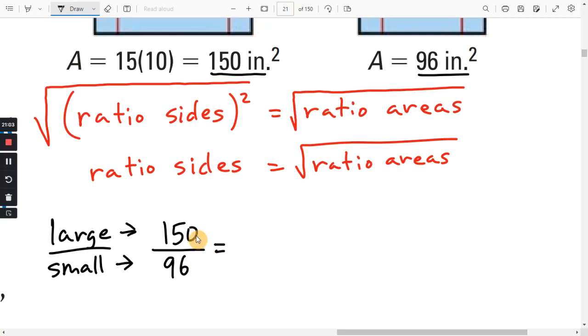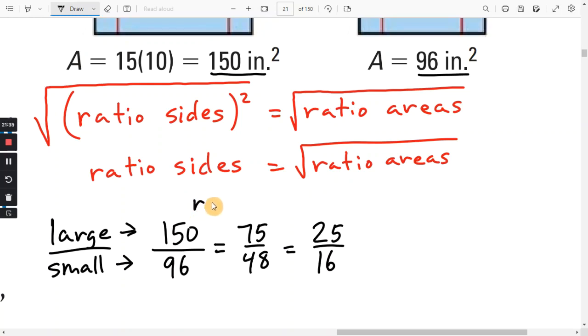These are both even, so I'm going to reduce. Divided by 2, 150 is 75. 96 divided by 2 is 48. Let's see. We can divide by 3. 75 divided by 3 is 25, and 48 divided by 3 is 16. Okay. So this right here is the ratio of the areas.